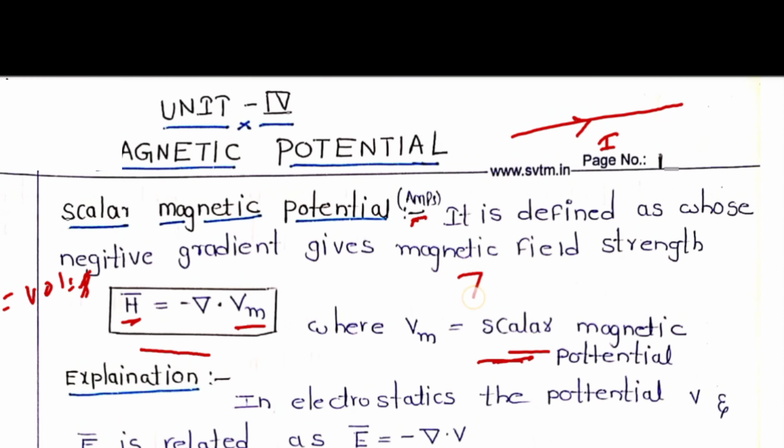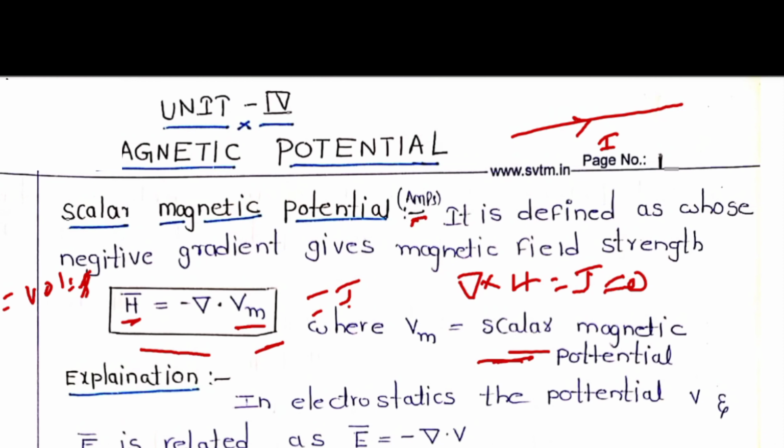Del cross H equals J. By the first property of curl, del cross del Vm equals 0, so J equals 0. If it satisfies this equation, that is, only when J equals 0, the scalar magnetic potential is obtained. Only under the condition J equals 0 does H equal minus del Vm hold.